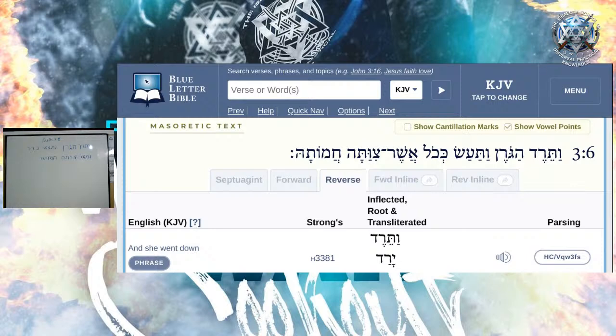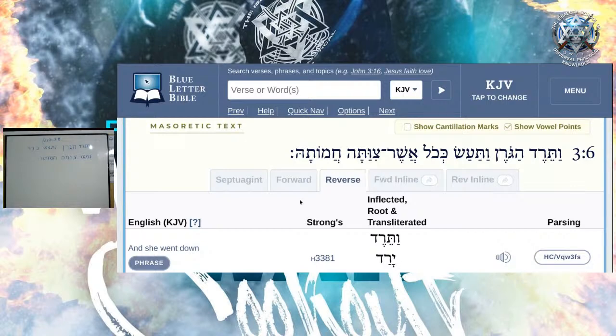Wa the rod. Hagaran. Wa the Aisha. Kol asher tazawatha, ha mawatha.